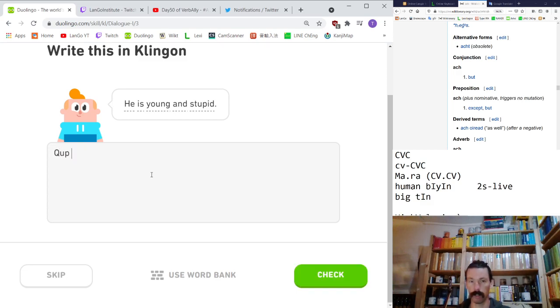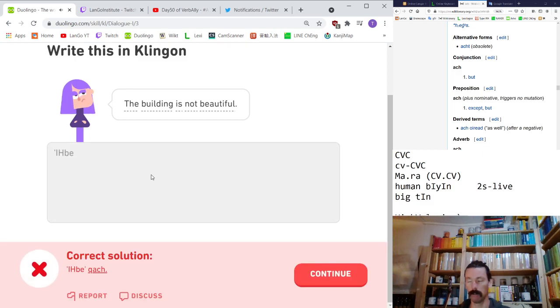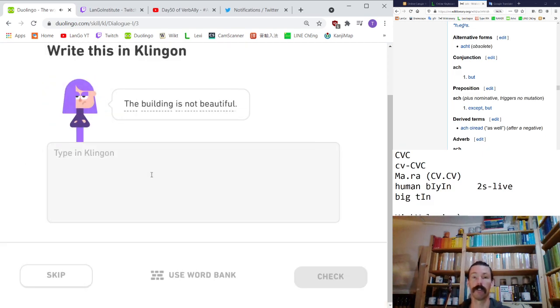Hope. Edge. Stupid. The building is not beautiful. So first the verb. Ich. Bet. Careful there. Ich bet. And then building, Hutch.